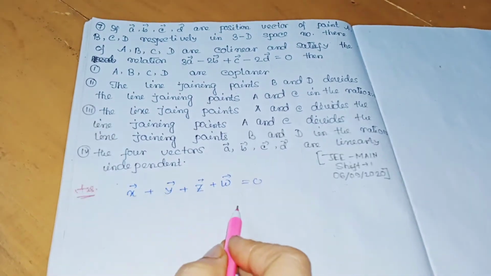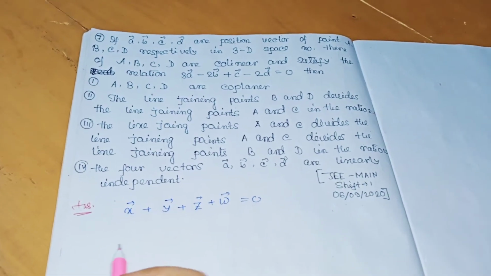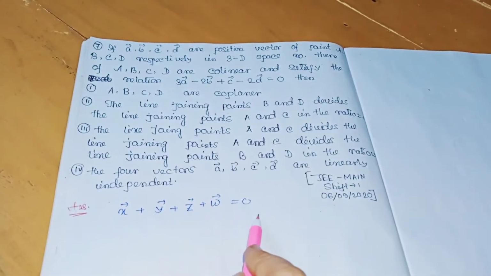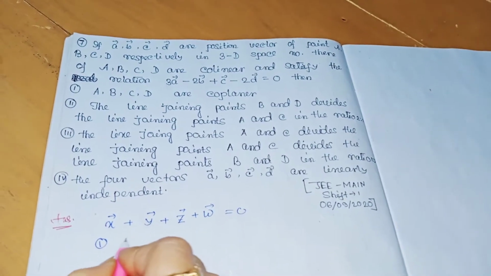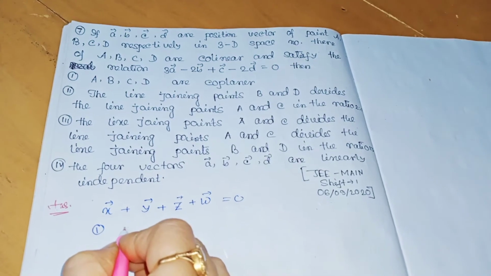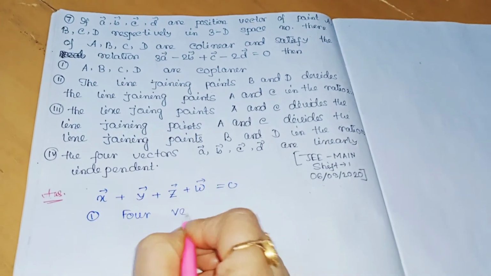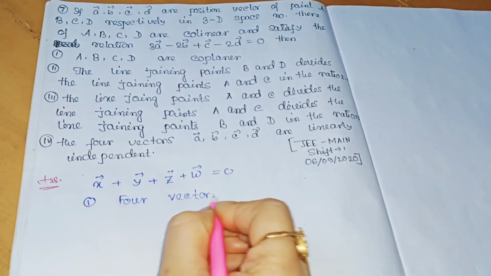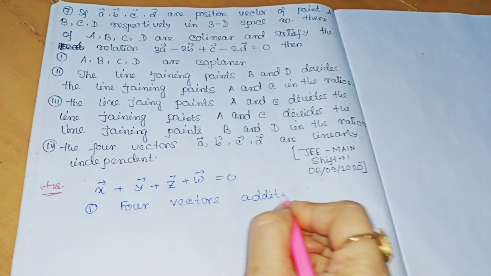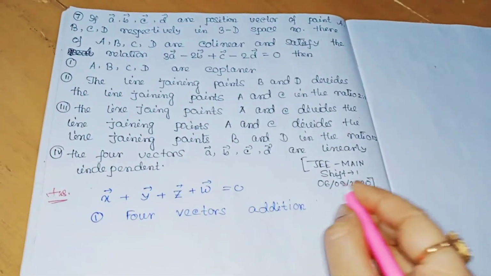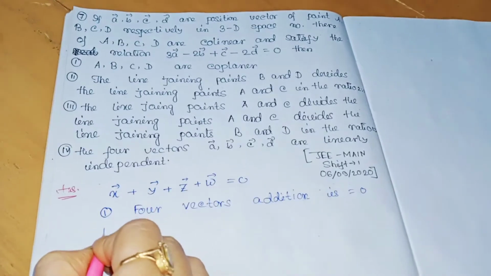So the addition of the 4 vectors is 0. Condition number 1 is that the addition of the 4 vectors is equal to 0.